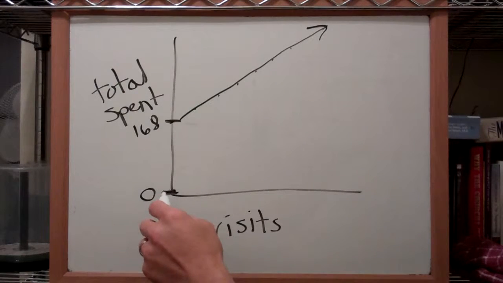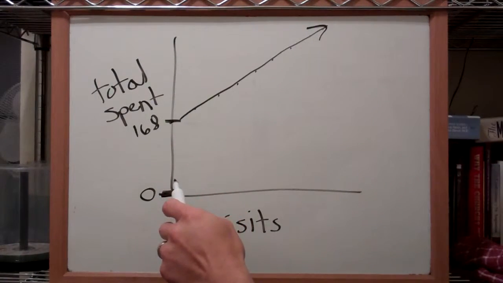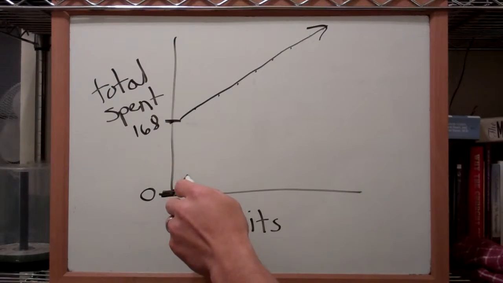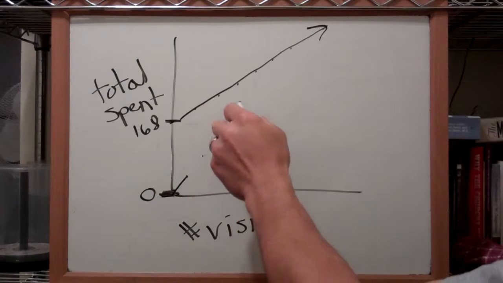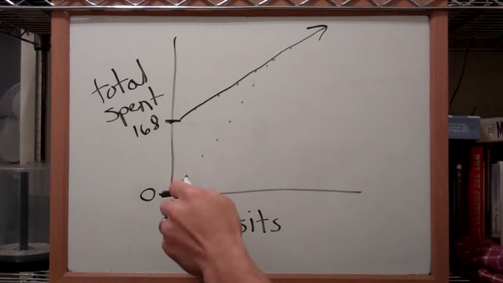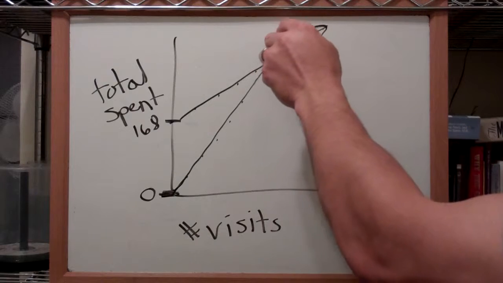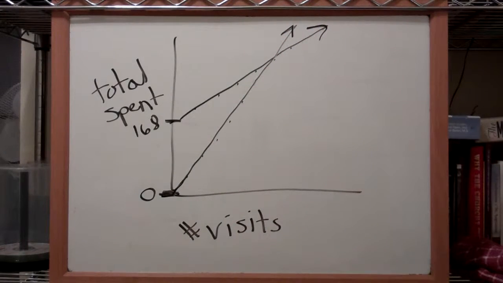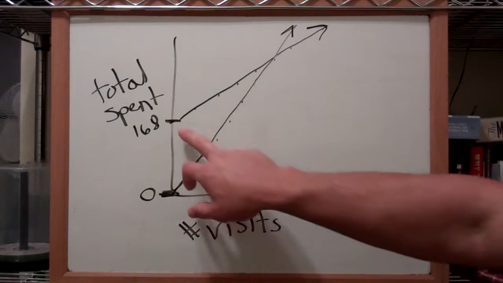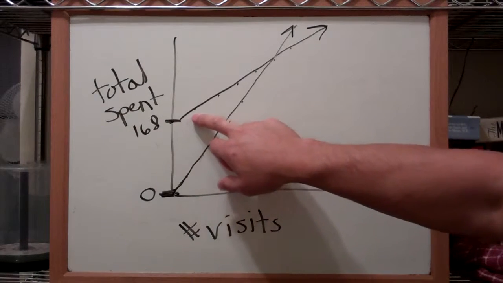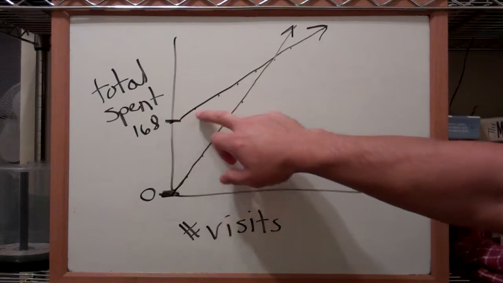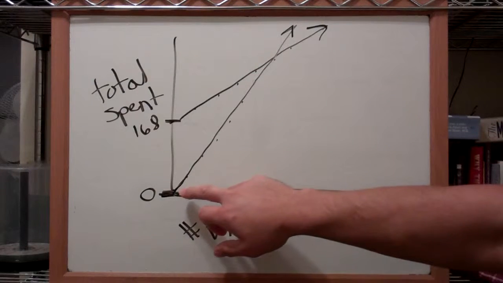But someone without the discount card is going to pay a greater amount for that car wash and oil change. So they are going to increase at a greater rate. So for the person who has the discount card, it's really not worth it at the beginning to purchase that card because you've spent more than someone without the card.